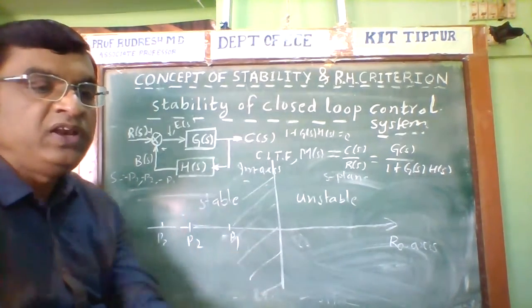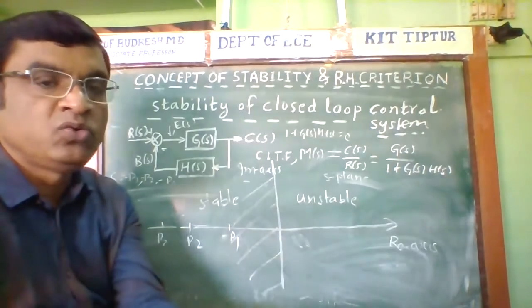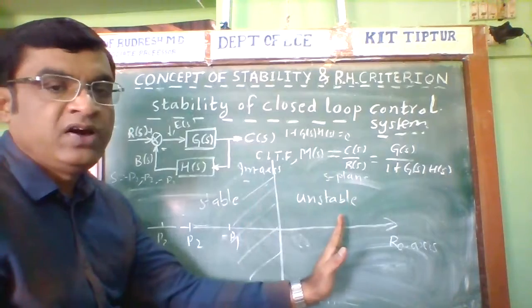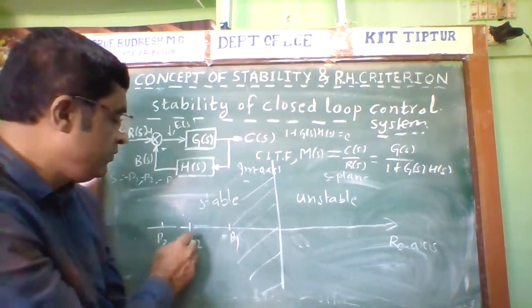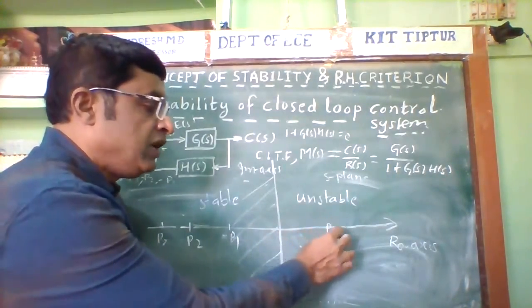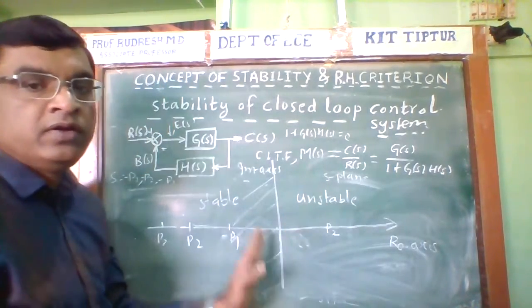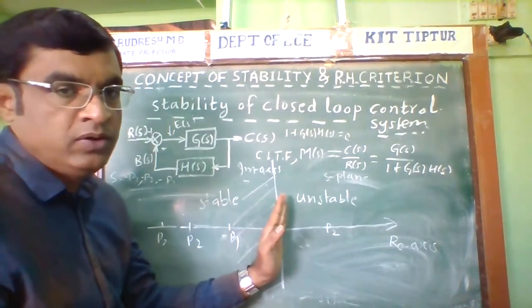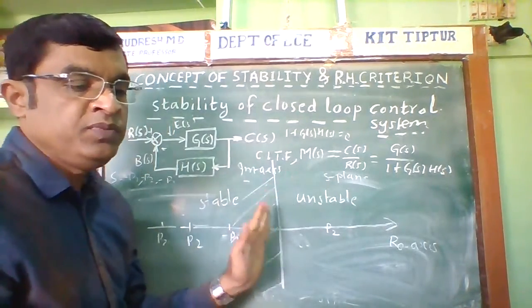If any one root is lying on the right half of the S-plane, for example if P4 is lying on the right half, then the given system is unstable.